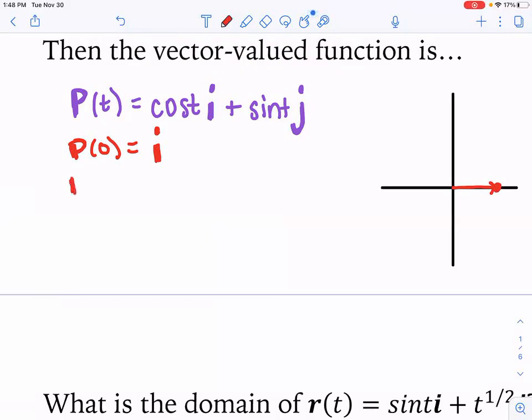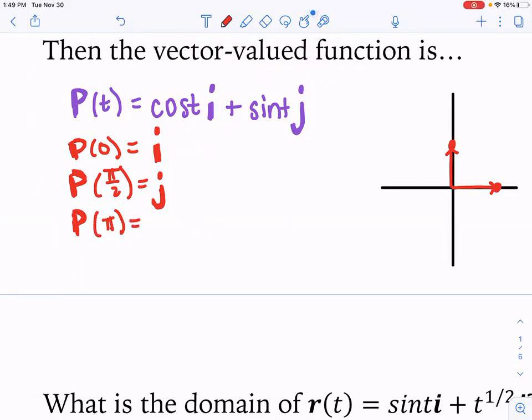Okay, what do you want to plug in next? Pi over 2 sounds good. When we plug in pi over 2, what's our vector? What else do you want to plug in?